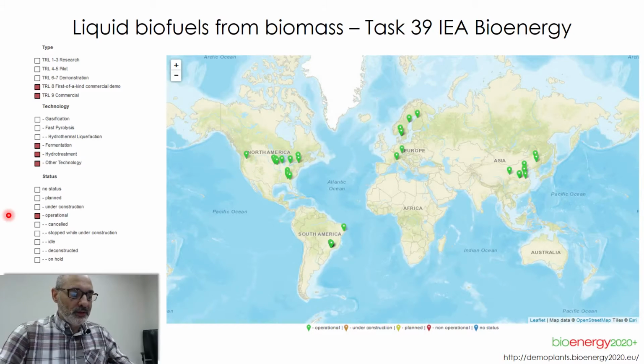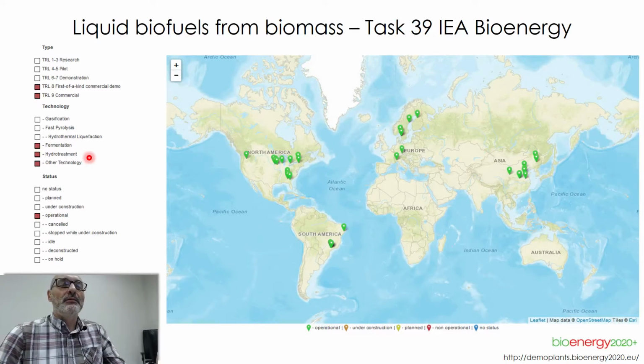And when you filter, because you see, I filtered here fermentation, hydrothermal, and other technologies. Hydrothermal here means that you're converting oily residues and fatty residues through hydrothermal processing. So it's still a thermochemical pathway, okay? So there are some thermochemical plants here.